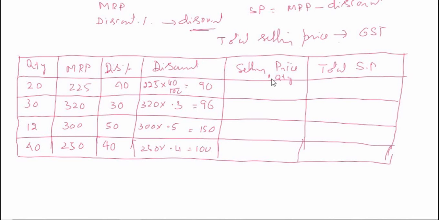Now the selling price of one quantity, that is MRP minus discount.